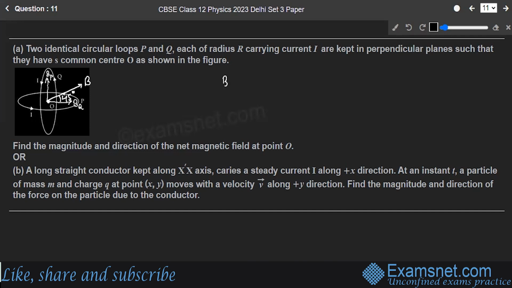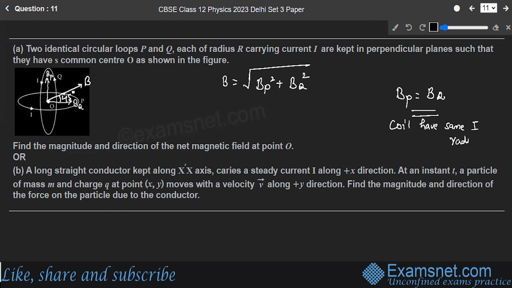B will be given by, this is a vector addition, right? So B will be equal to square root of BP square plus BQ square. Here both BP and BQ are equal because both coils have the same current and same radius. Therefore BP is equal to BQ.